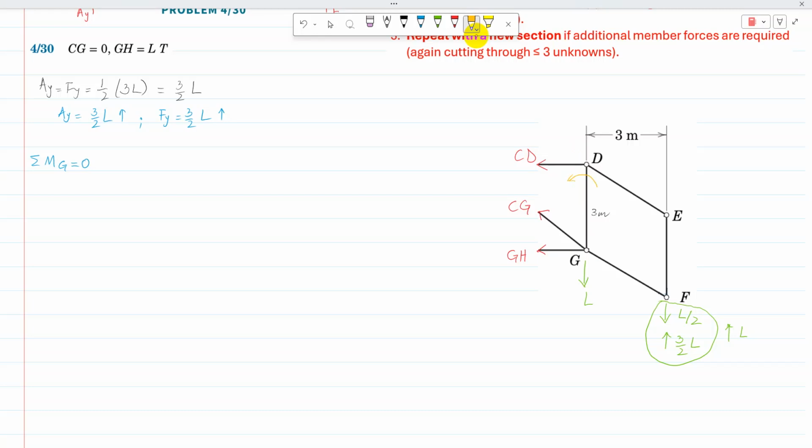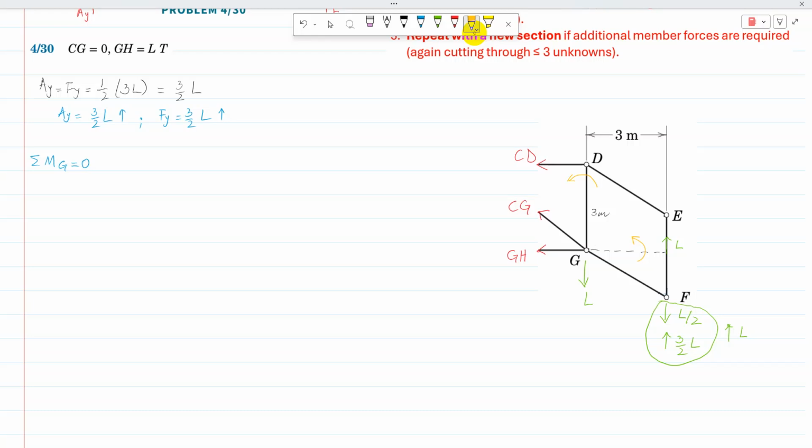Then at point F, the line of action of F is actually EF, and the perpendicular distance from EF to G is 3 meter. So that L load is acting here and is trying to rotate it in the anti-clockwise direction.